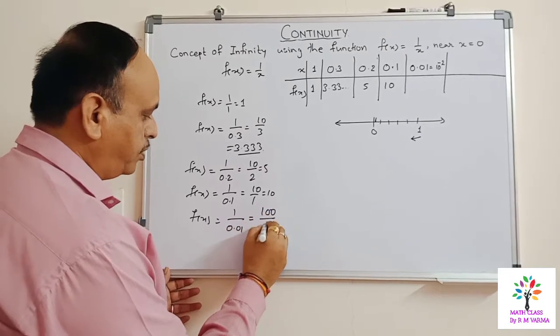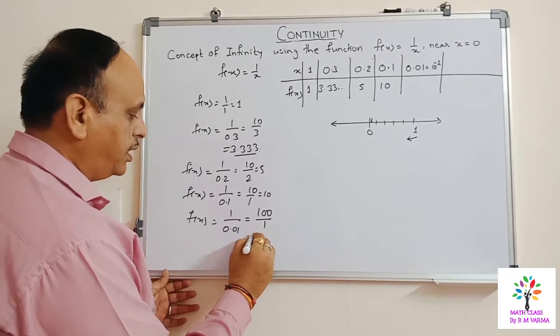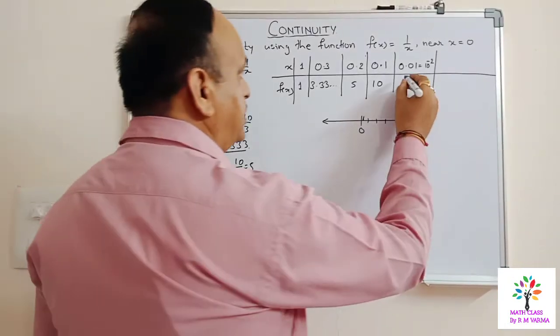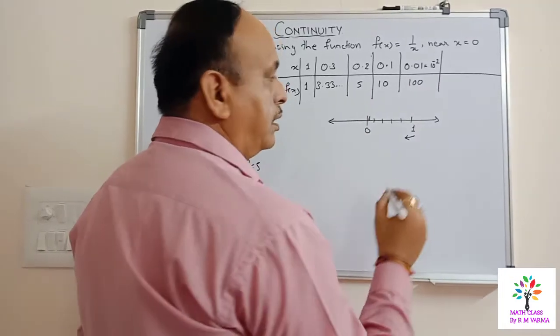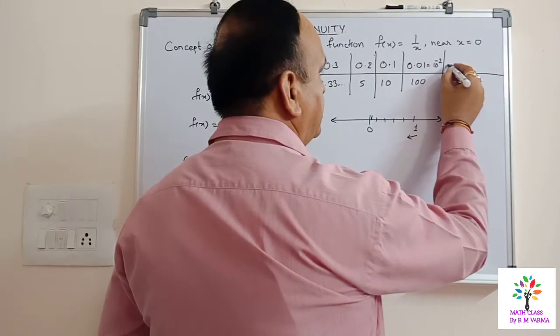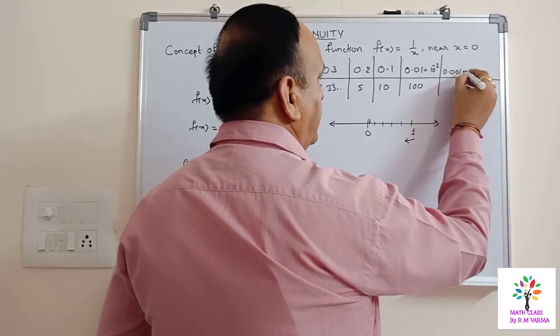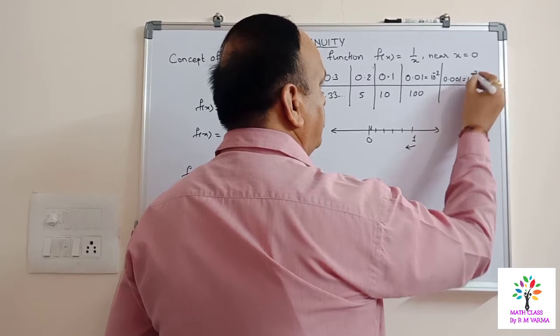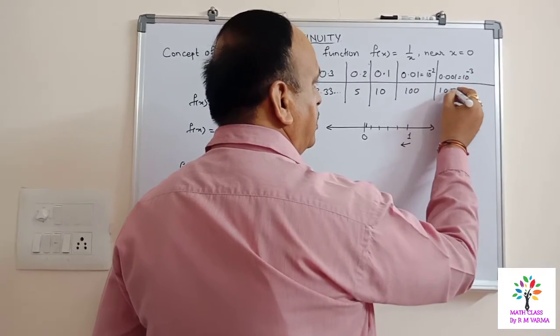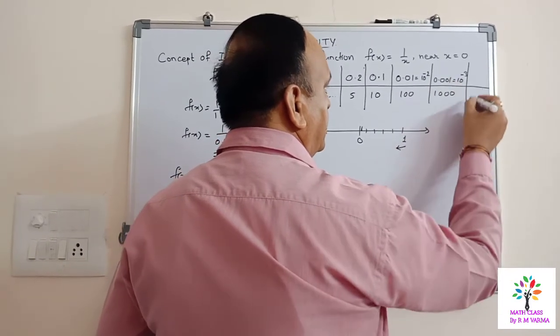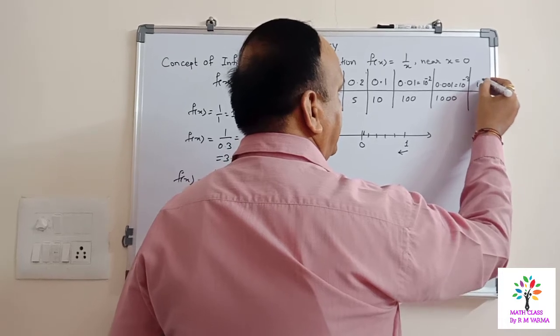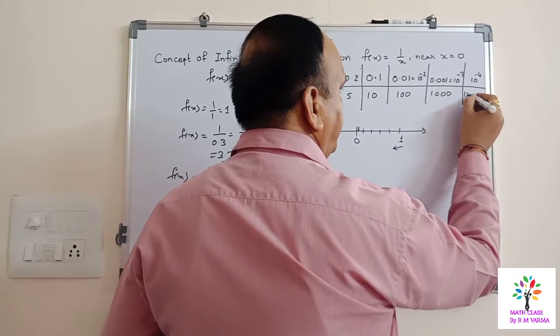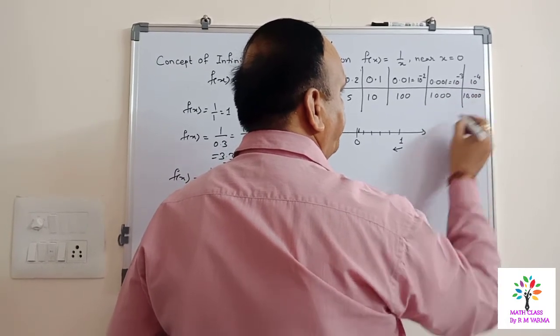It is 100/1, which gives me 100. So the answer is 100. Further, 0.001, that is 10 raised to minus 3. It will be 1000. And if I write 10 raised to minus 4, it will be 10,000.